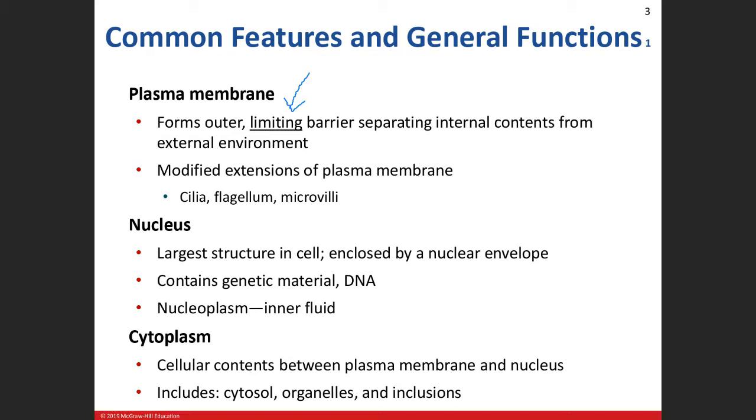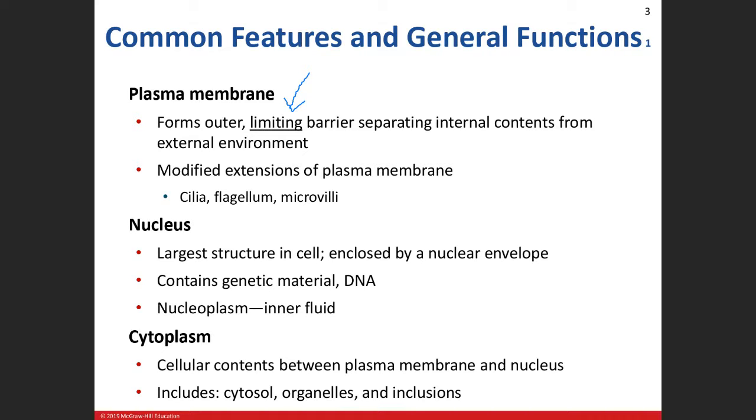Basically, it just separates the stuff that's on the inside of the cell from the stuff that's on the outside of the cell, because the internal environment of the cell has a lot of ongoing processes, and it cannot be bothered by what's going on external to the cell.